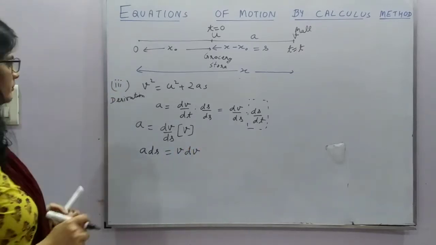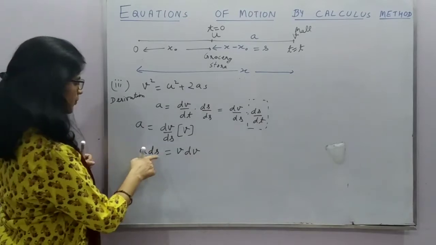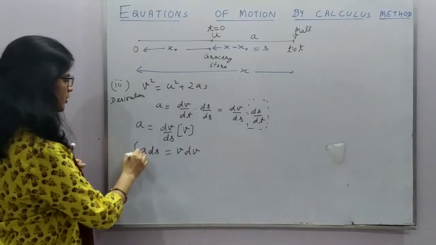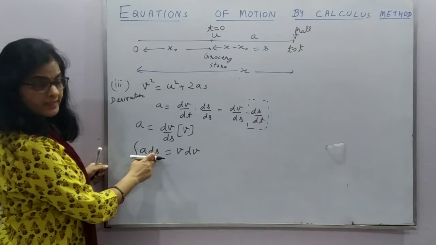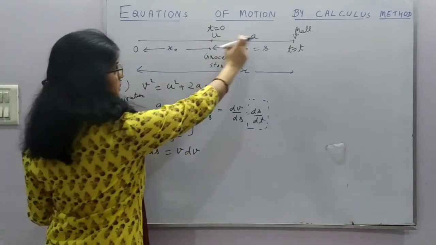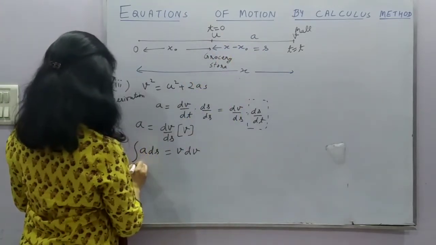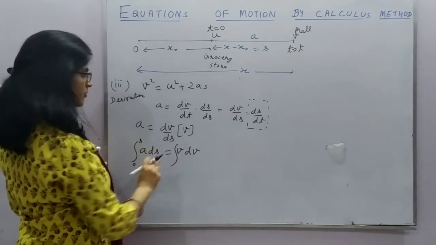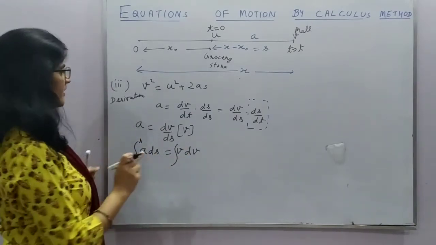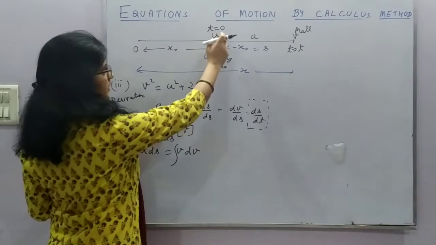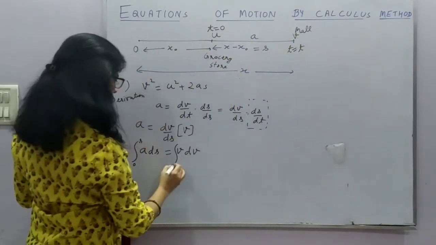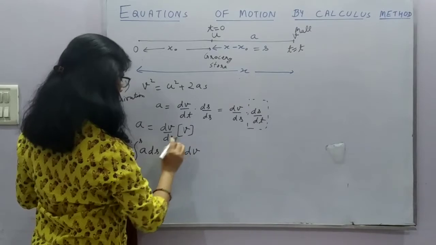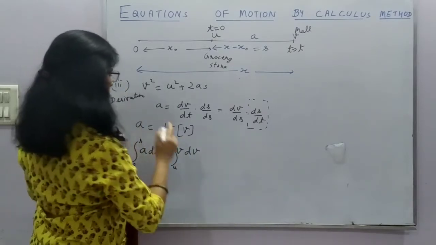Now here I need to put the limits of which quantity? Distance. So distance limits are 0 to s. And if I am integrating this side also, because integration is always done on both sides, the velocity limits will be u to v.